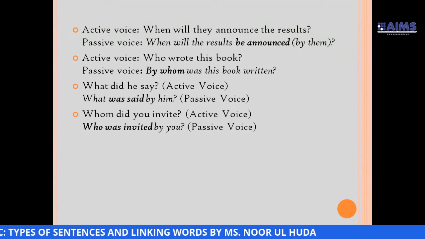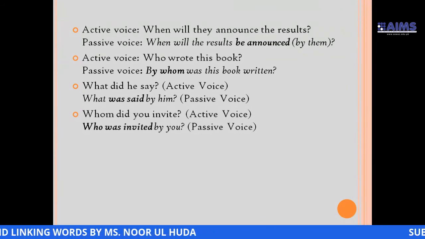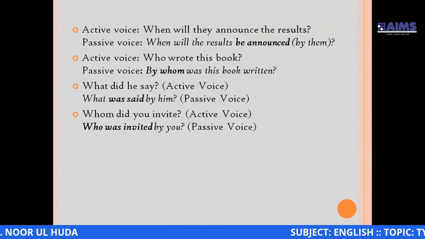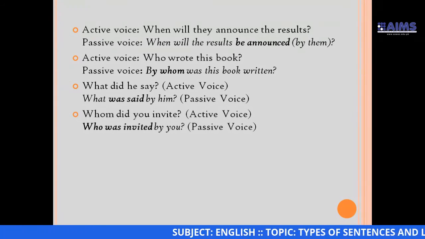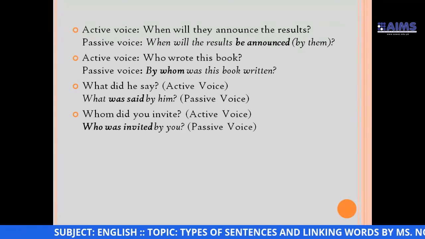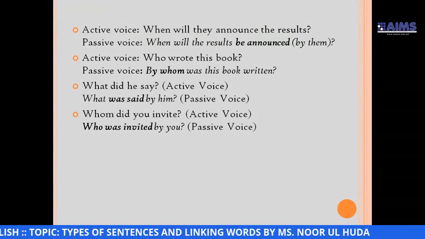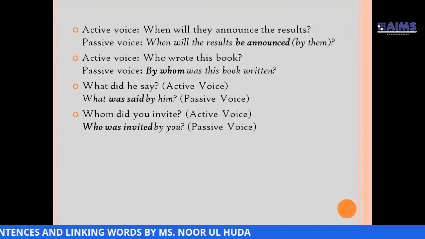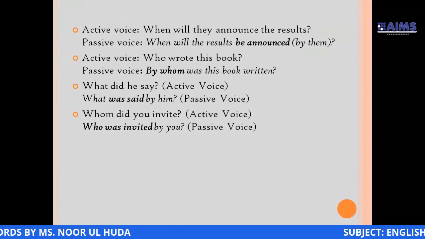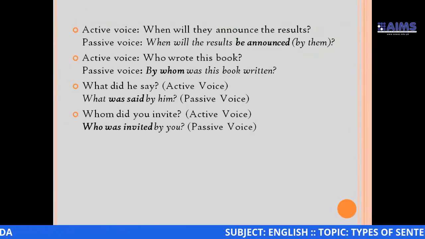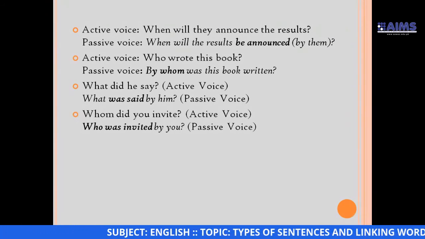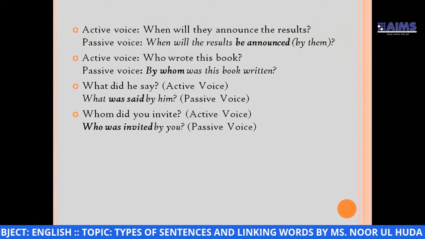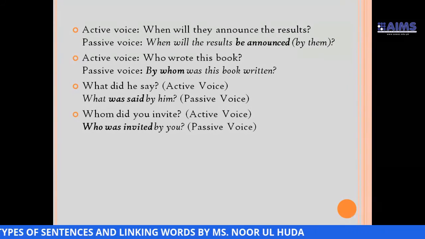Whom did you invite? So he was invited by you. Who was invited by you? Was invited is the passive form of invite. Invite shows that it is in the past because did is here, so it would be termed invited. So invited would be changed to was invited in the passive form.